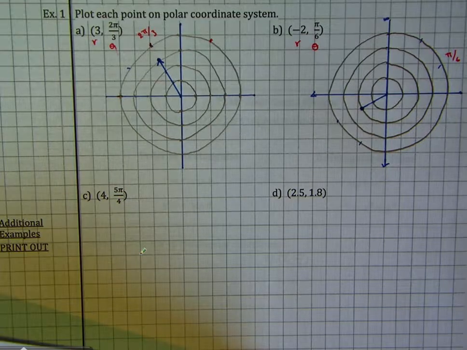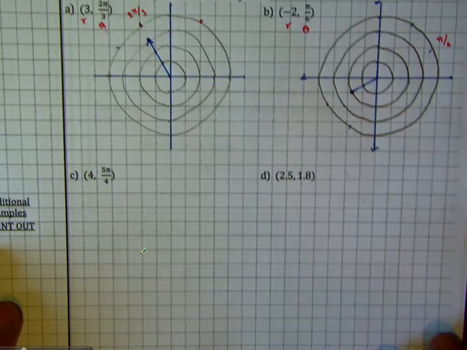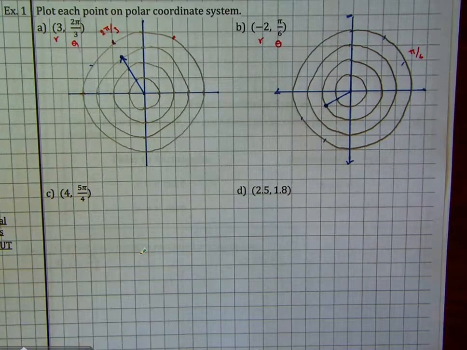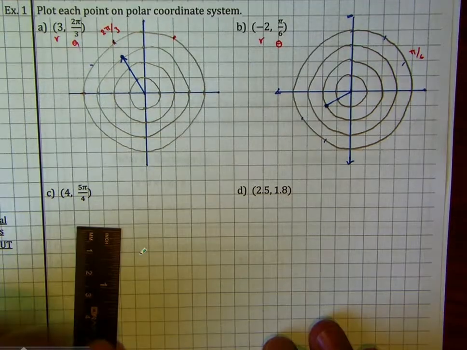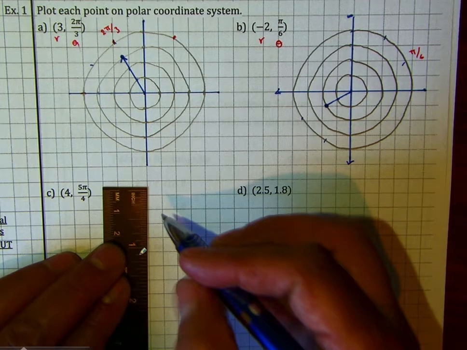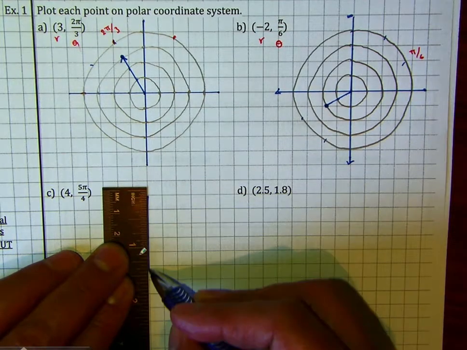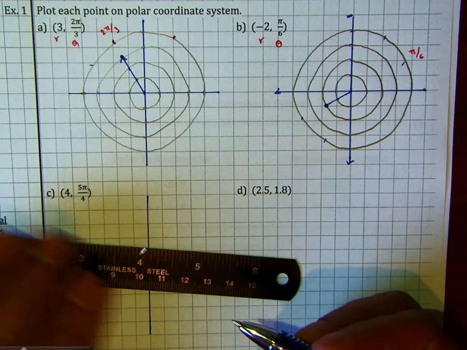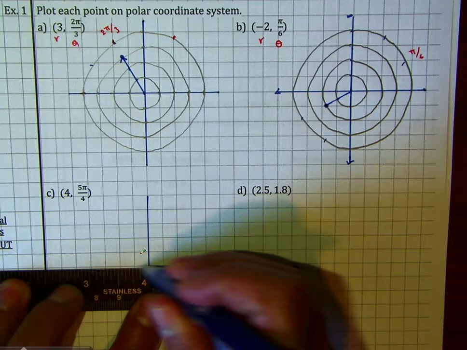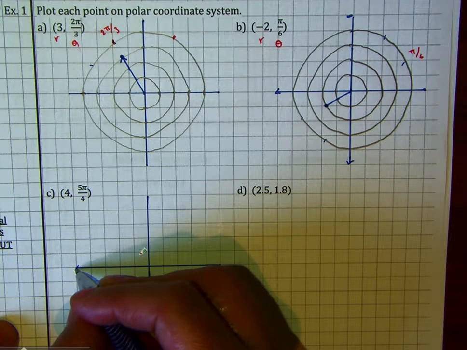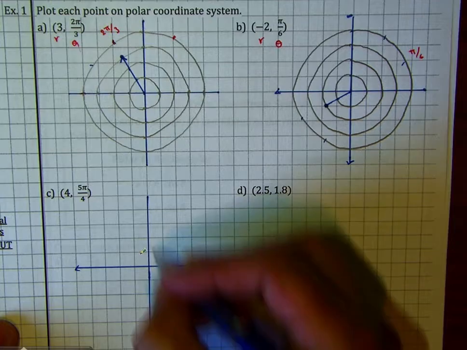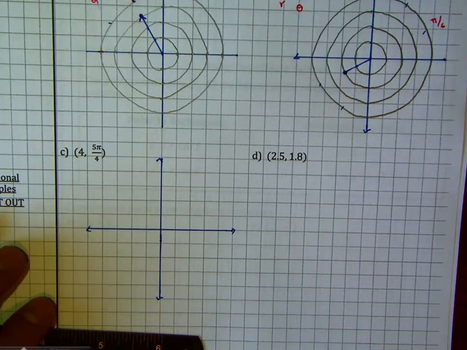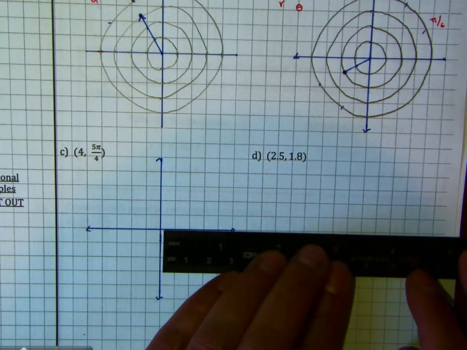Let's try letter C and D. I'm going to make a polar graph. I'm going to make it 5 by 5. And I'm going to be doing the same for the second one.